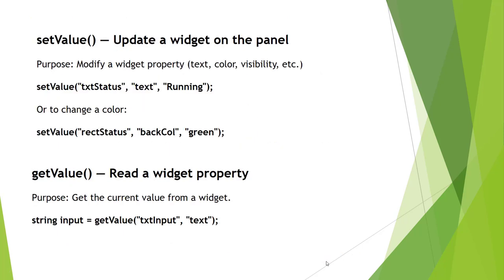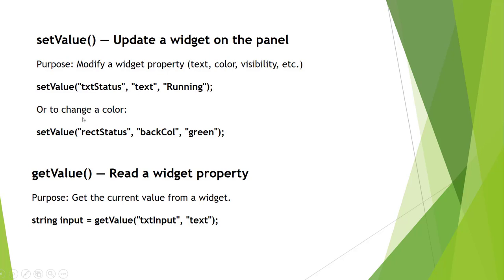Third one is setValue. setValue updates a widget on the panel. It modifies a widget property, for example text, color, and visibility. Here is setValue for the text status, where the text is set to running, okay?